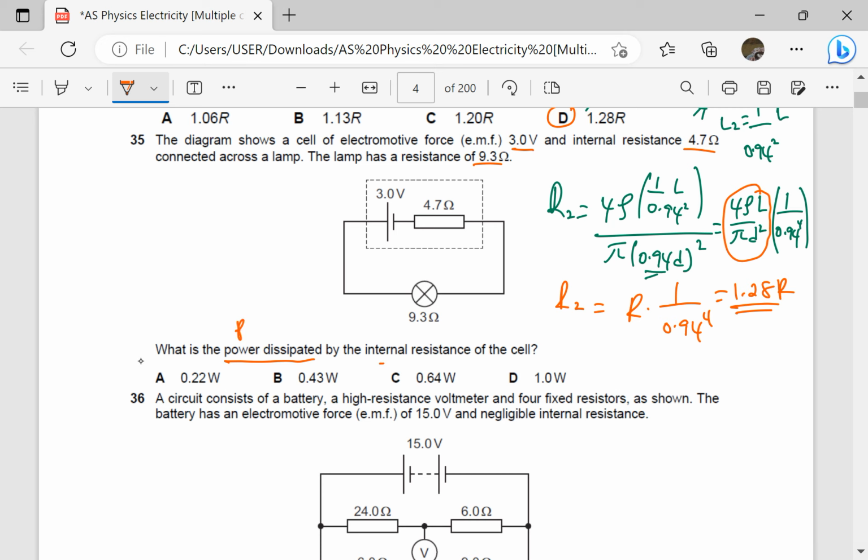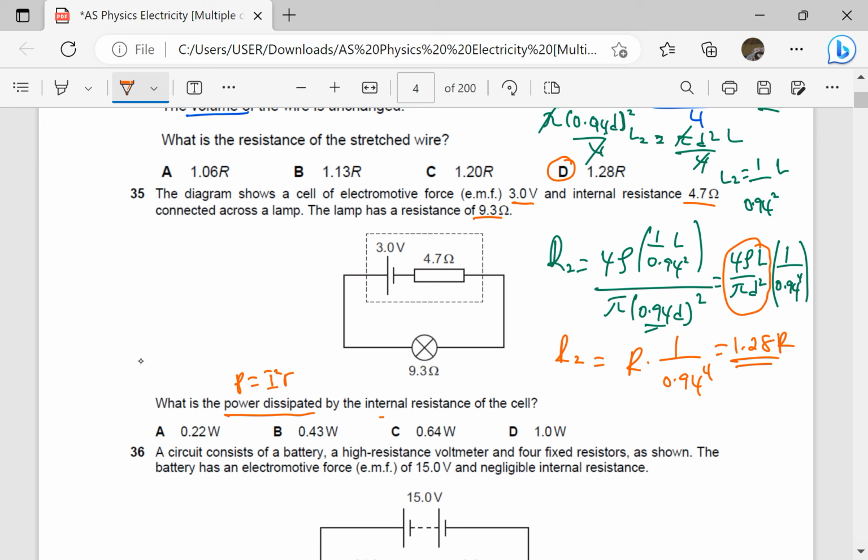So power in the internal resistance is going to be I squared times small r. So we need to find the current only. Current is equal to e.m.f, which is 3, divided by total resistance, which is 4.7 plus 9.3.